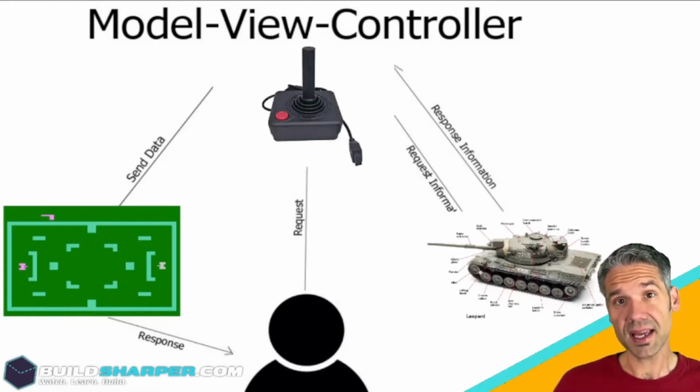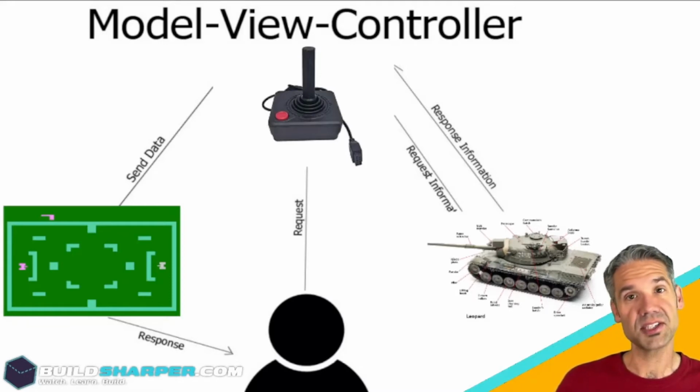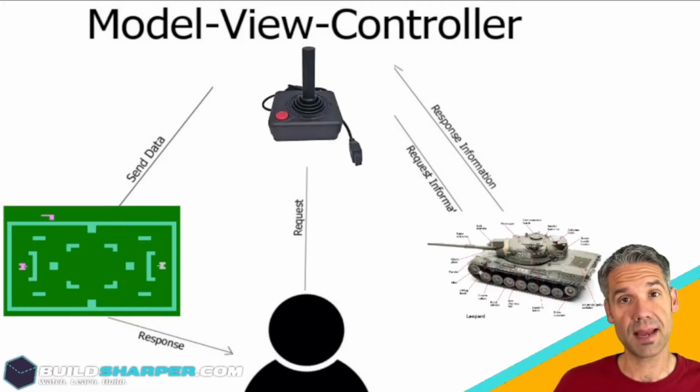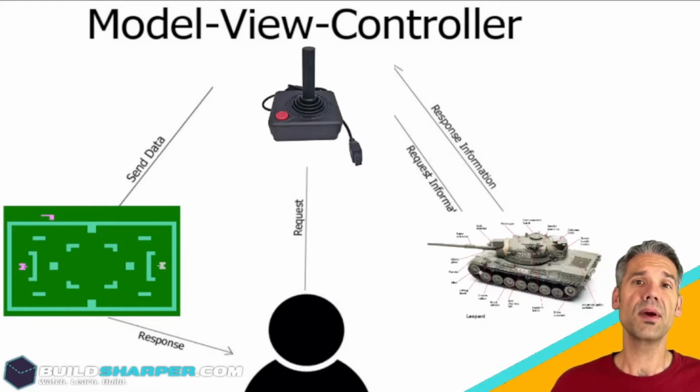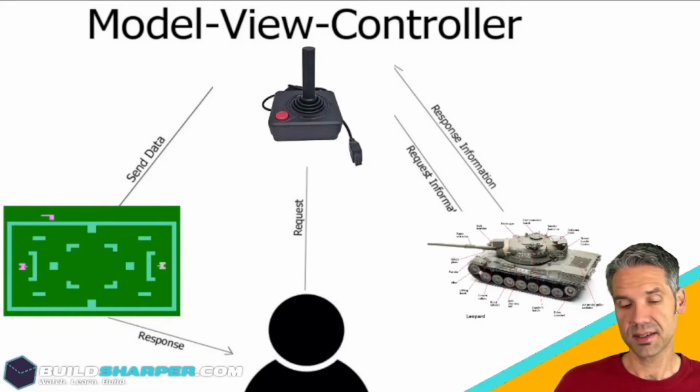But now, like we said, with MVC, the cool part is that these components can be swapped out. So let's say we like our controller, we like our game logic, we've got our tank model. All of that's good, but we want to kind of spruce up the graphics. Maybe we don't want it to look like an Atari game anymore. We want to upgrade and have it look something a little more modern.